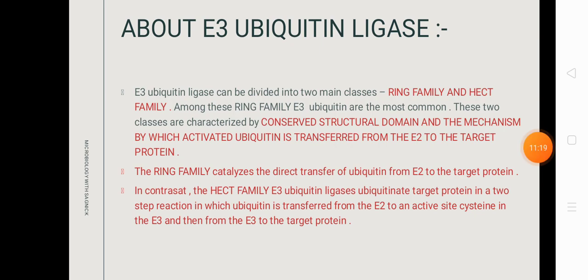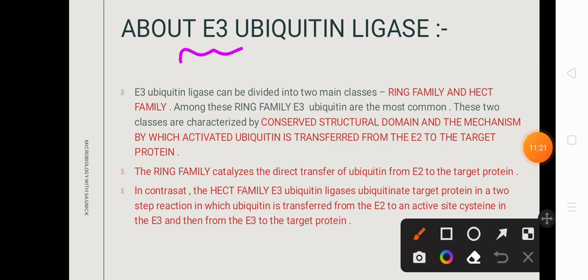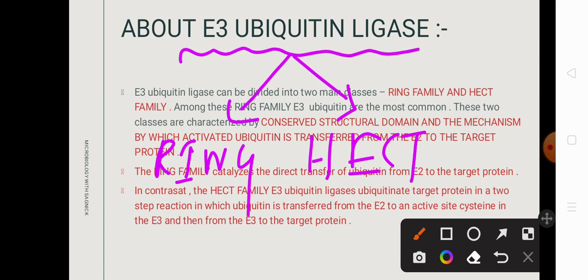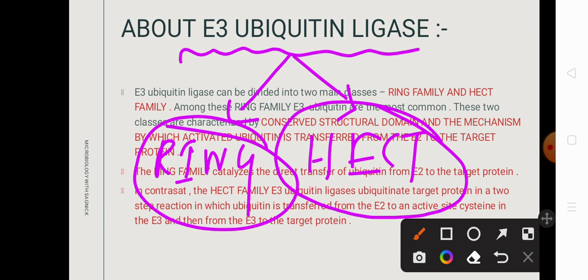Now let's talk a little bit about the E3 ubiquitin ligase. E3 ubiquitin ligases are of two types. One is the RING family E3 ubiquitin ligase, another one is the HECT ubiquitin ligase, and these two families are generally characterized depending upon their conserved structural domain and how they transfer ubiquitin from E2 to the target protein.